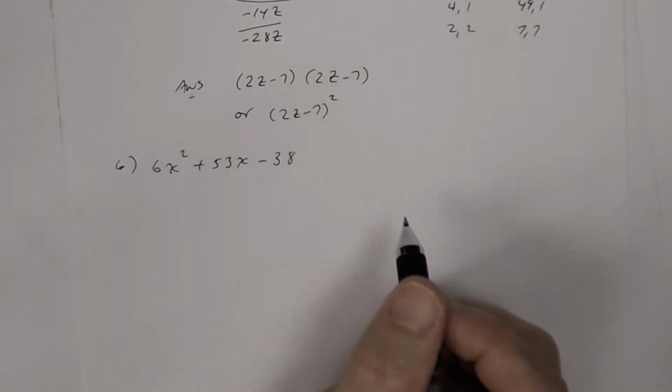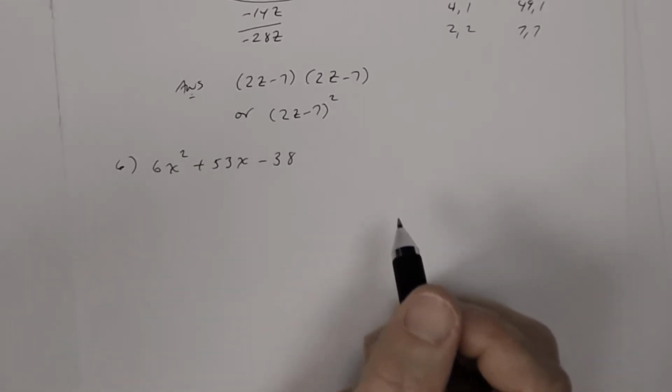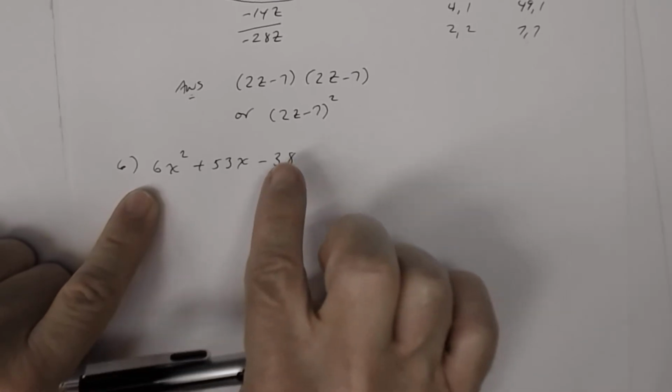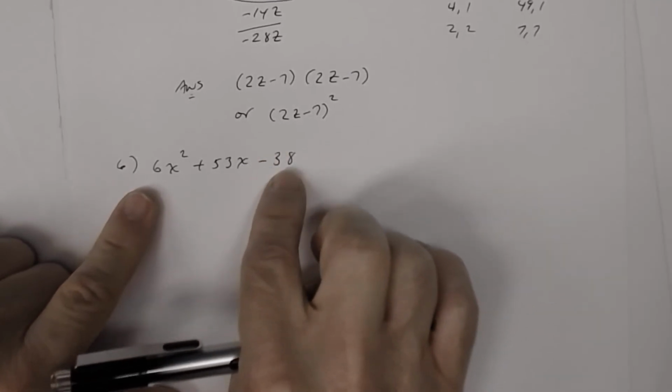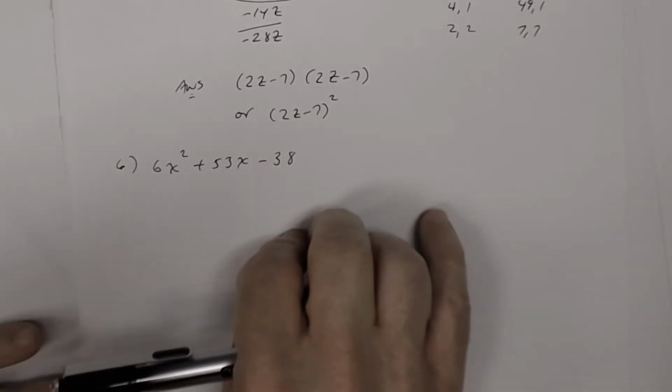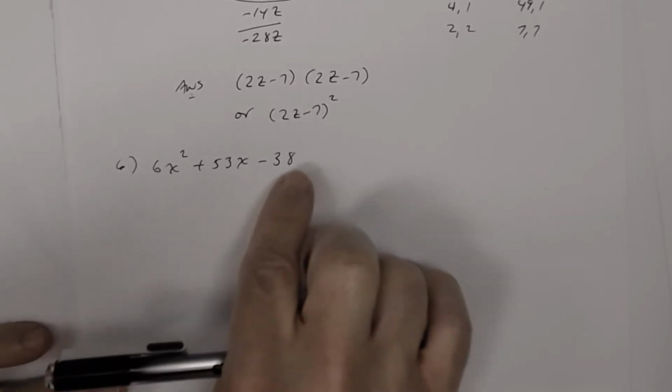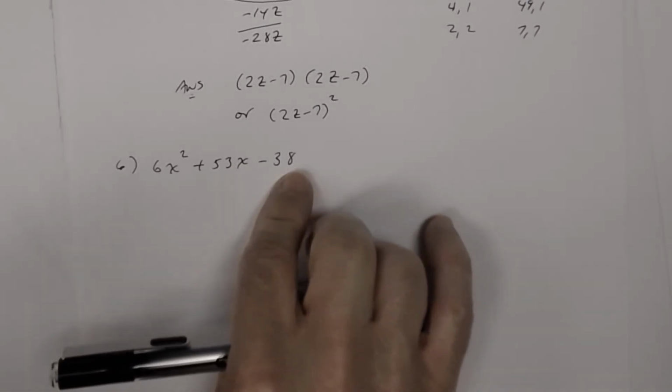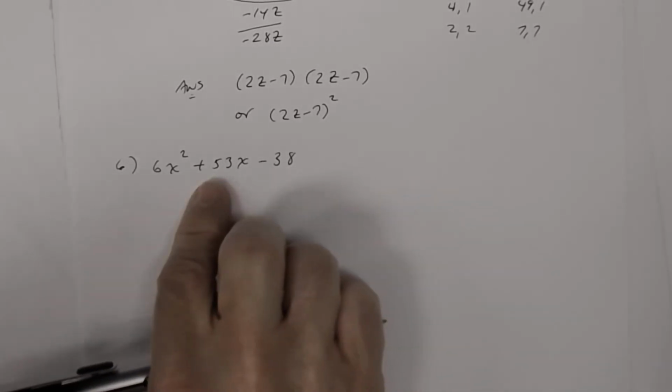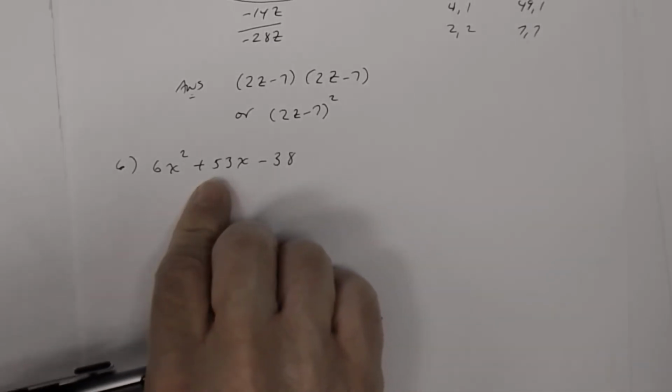All right, so this is a bummer, right? Because 6 is not prime, and the absolute value of negative 38, which is 38, is not prime. And that 38 is not a small number in comparison to some of the others we dealt with. And then, hey, there's that 53 I have to deal with as well. It is okay. We can deal with this.